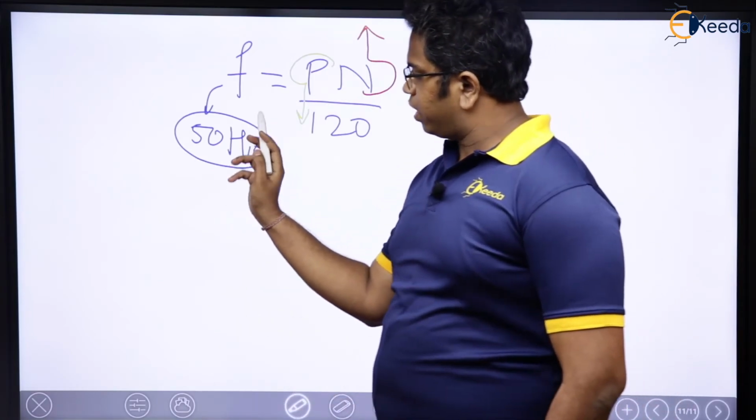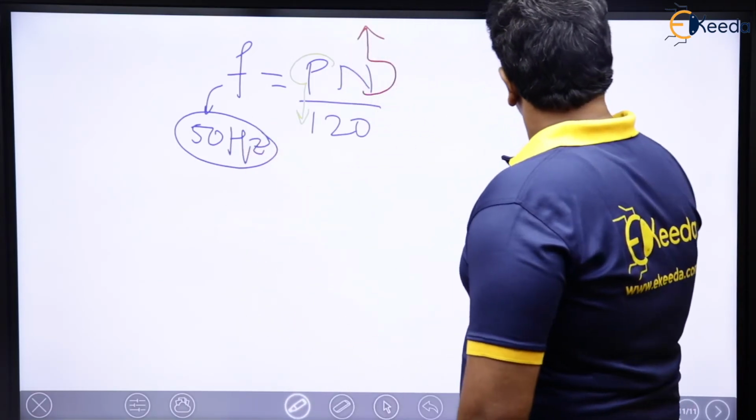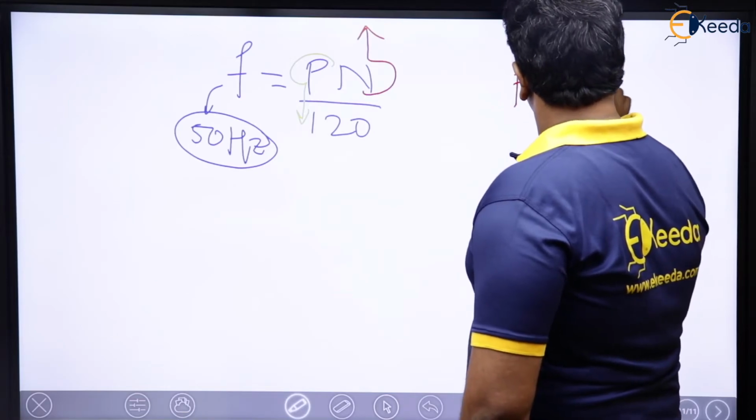In order to have the same frequency, for example, see here, F is equal to Pn by 120.